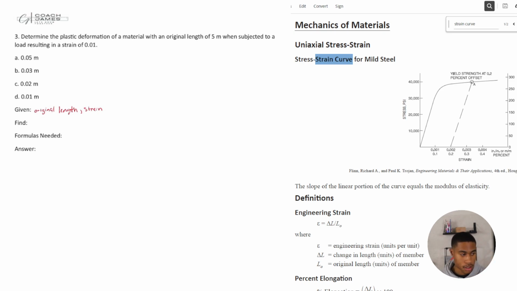What else are we given? I think that's it. So we're trying to find the plastic deformation.